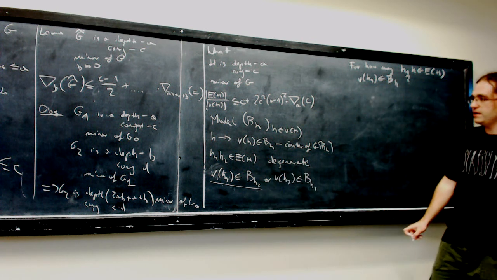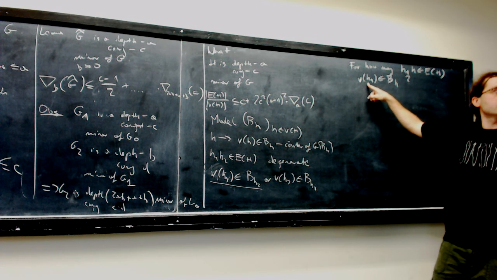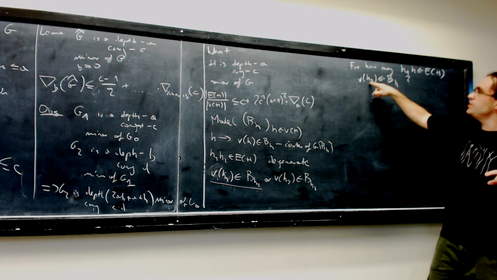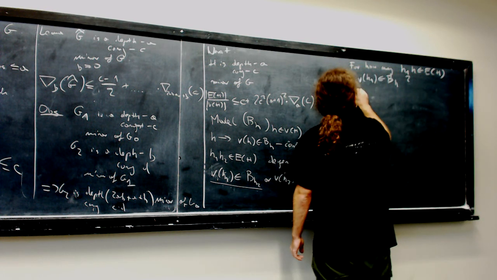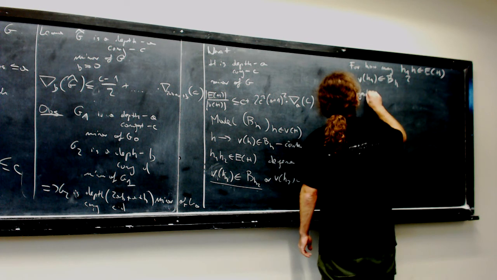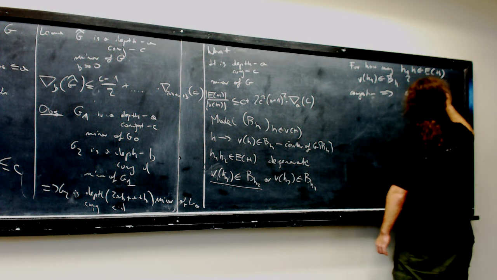Well, at this place, this is one vertex of G, and at this place there are at most C guys from at most C branches, including the one from H1. So the congestion implies that there are at most C minus 1 such edges.